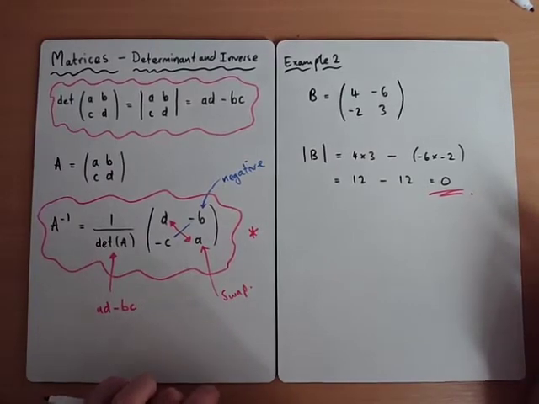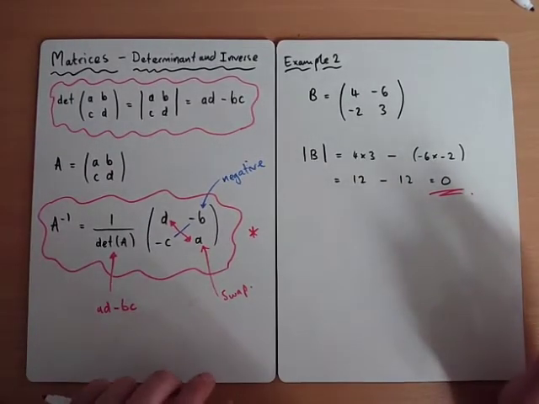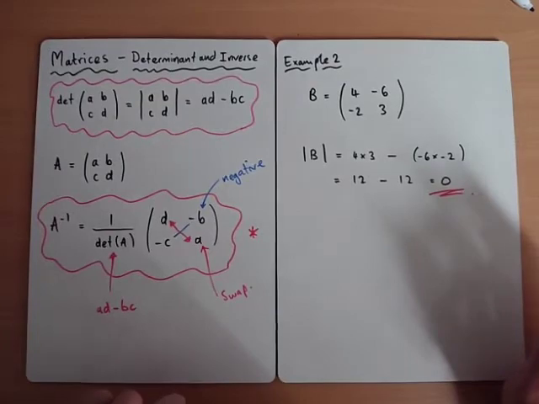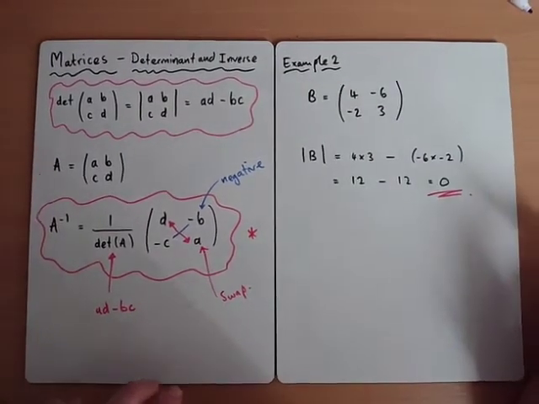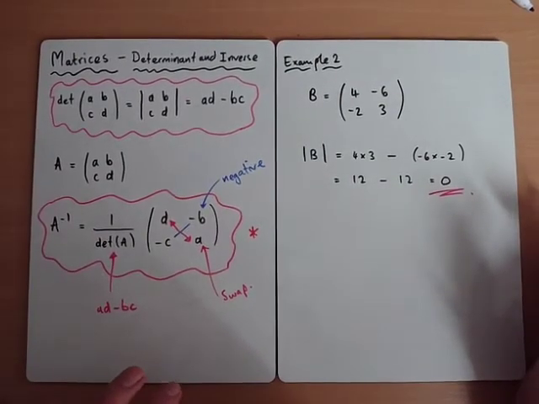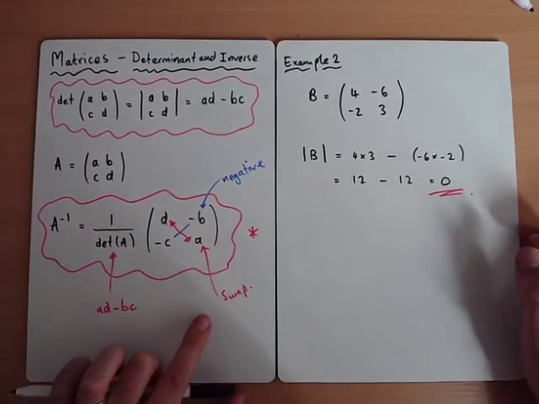Remember how an inverse works? What's the inverse of squaring something? That would be square root. What's the opposite of multiplying by 2? Dividing by 2. Matrices are a bit different, obviously.